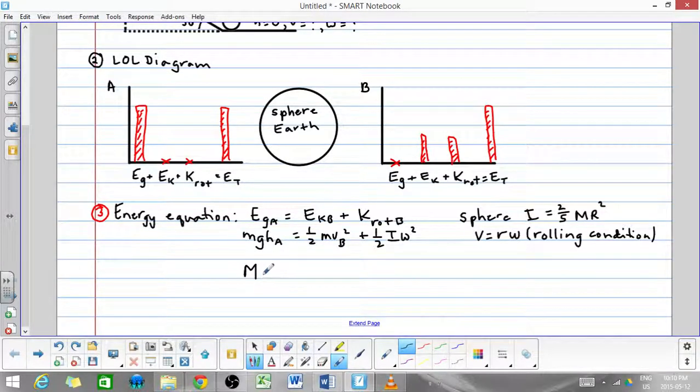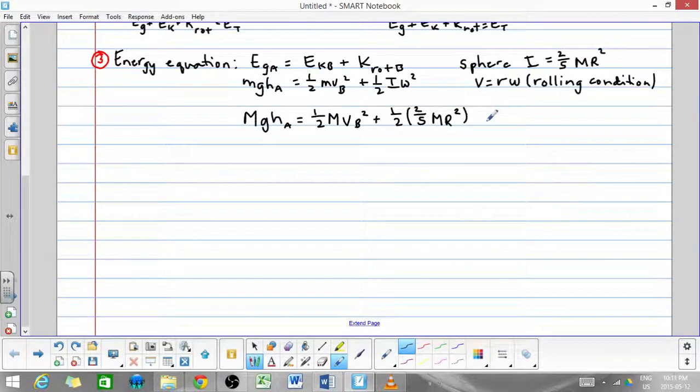Our sphere has a mass of big M, so I'll write in big M. And we're just going to keep everything symbolic to the end. So a half mvb squared plus a half, okay, so your sphere, moment of inertia, 2/5 mr squared, plus, okay, now we want to solve for v, which is why I left v here, and we're going to express omega in terms of v.